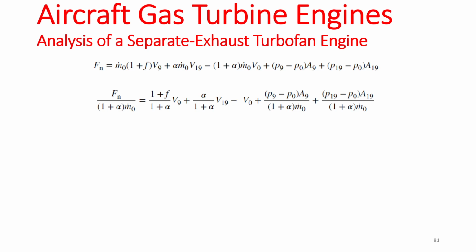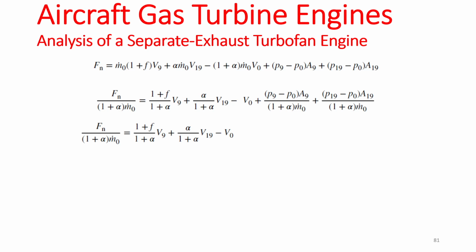So you plug that in, you can do the simplifications to get to the equation. What's going to happen here if we are dealing with a perfectly expanded nozzle? What about a perfectly expanded nozzle in the fan? Okay, so that will go to 0 as well. So your specific thrust is going to be like this.